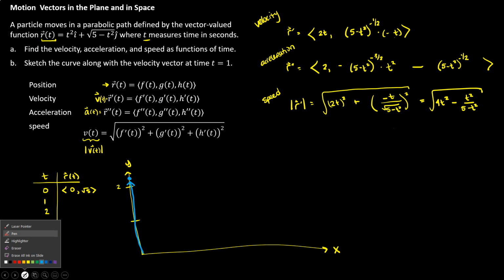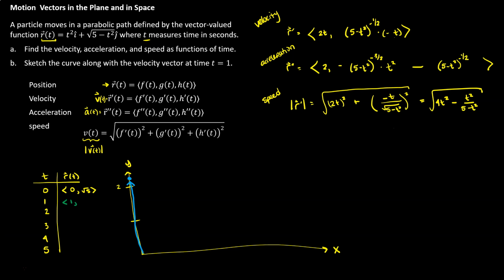And then if we were to use the next t value, maybe t equals 1, that would give us the vector 1, comma, root 5 minus 1, which would be 1, 2. So this vector would look like 1 in the x direction and then 2 in the y direction.